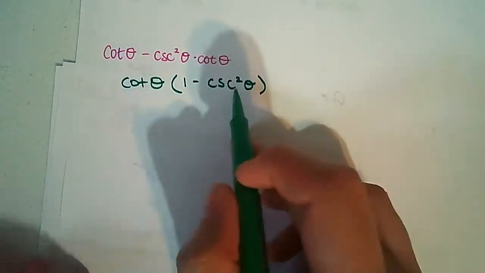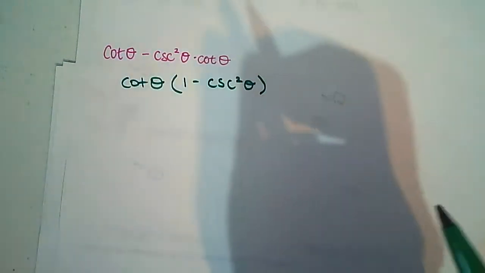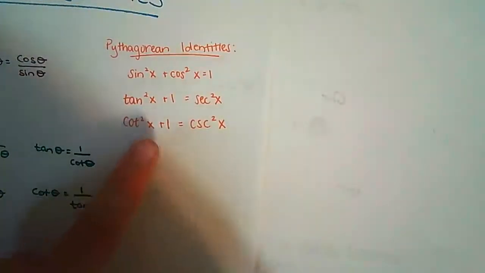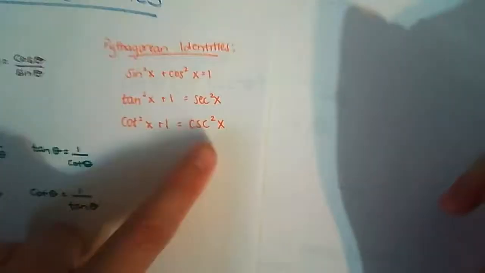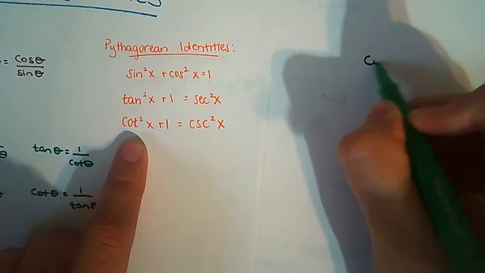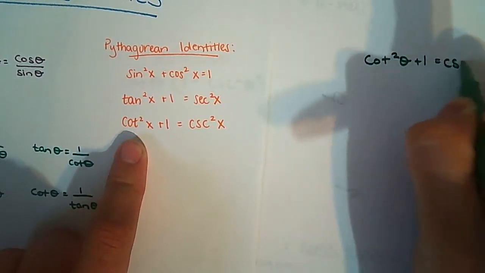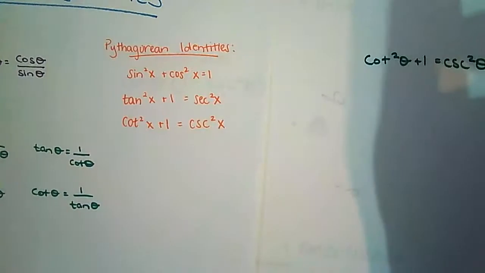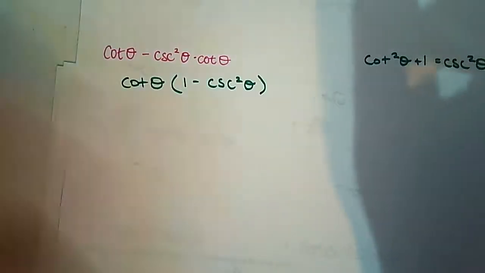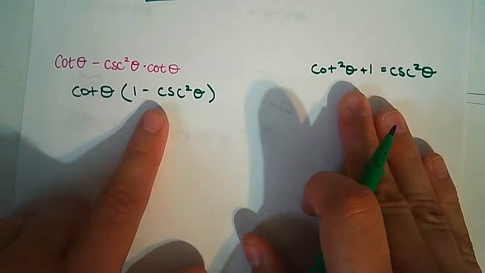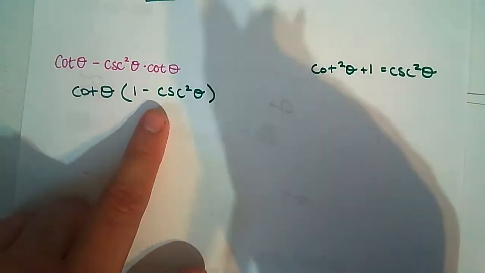And again, I see that squared in there, so that immediately makes me think of the identities. So the Pythagorean identity that I have that deals with cosecant squared looks like this. So here's kind of one of my side notes. And I want to manipulate this identity so that it looks like 1 minus cosecant squared.